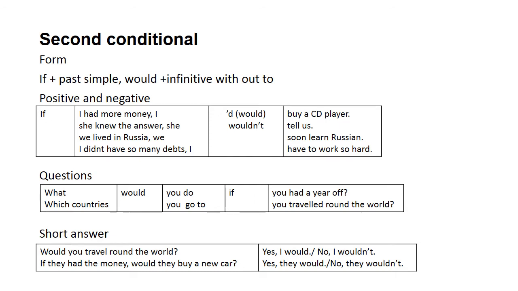And if I convert it to the negative, I just change the auxiliary verb would to wouldn't, would not. And if I make a question with a question word, what or which, it will begin with it, for example, what would you do if you had a year off?